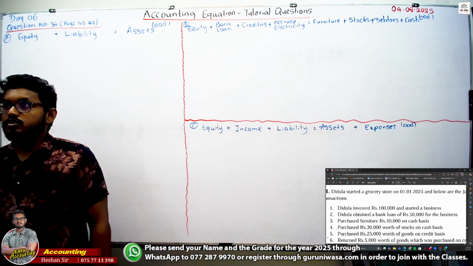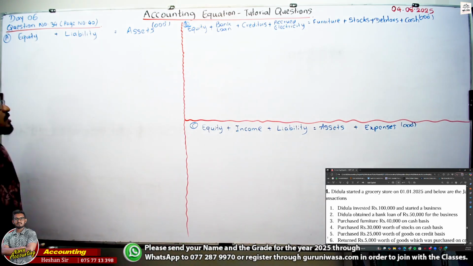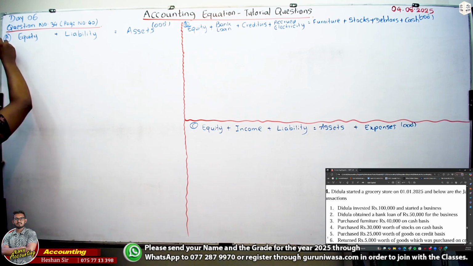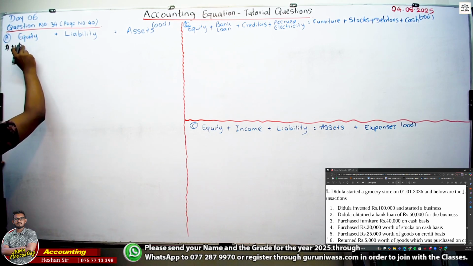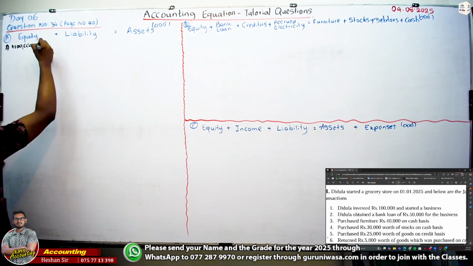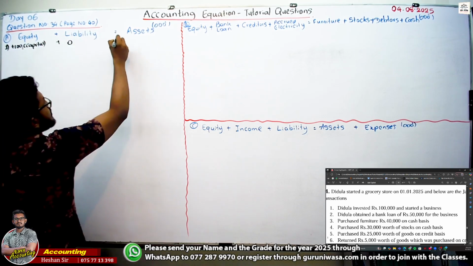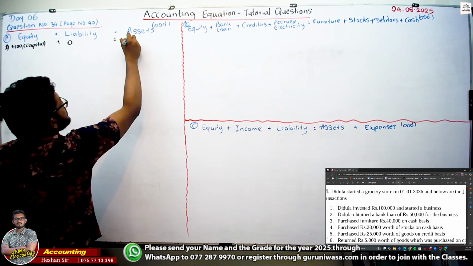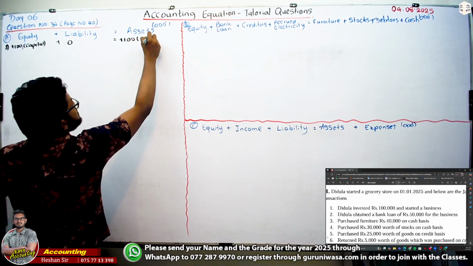Okay, so Didula started investing 100,000. If I write the number one, equity increases 100,000 as capital, as well as assets increase 100,000 as cash.